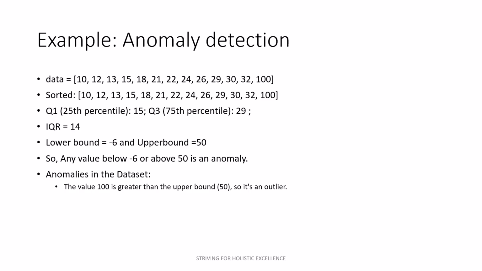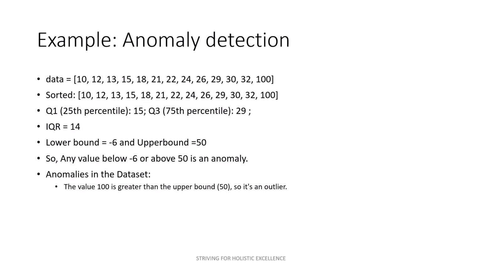You can use the same method that we used in the previous example. So Q1 is 15, Q3 is 29, and IQR is Q3 minus Q1, that is 29 minus 15, which is equal to 14.